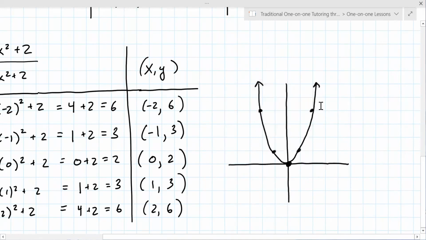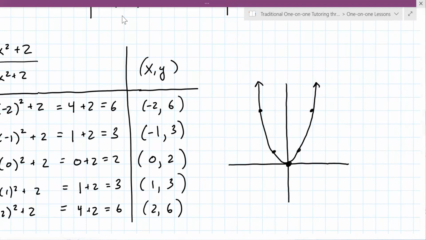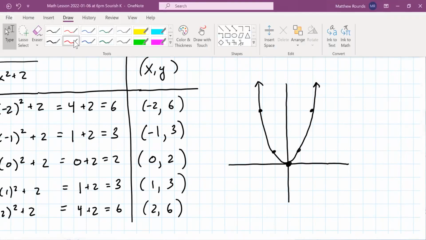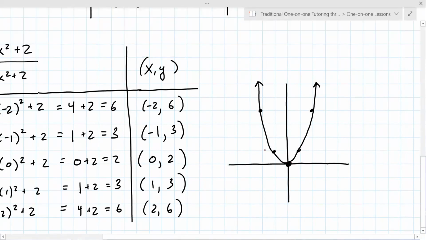Okay, so now let's graph the point -2, 6. So -2, and then you go up 6. So that's that point there. How about -1, 3? That's there. 0, 2 is there. 1, 3 is there, and 2, 6 is there.